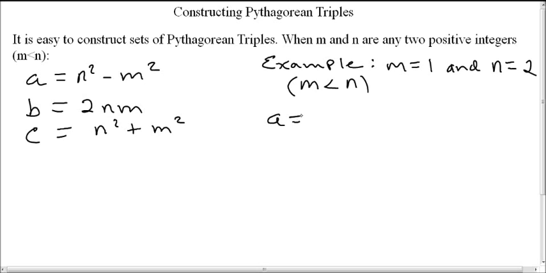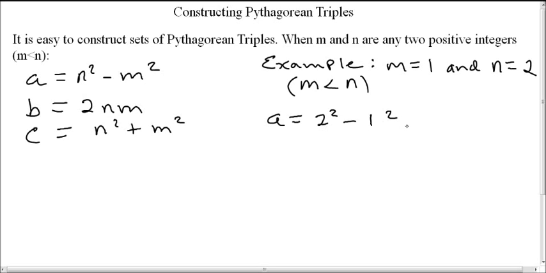So a will equal n squared, which is 2 squared, minus m squared. Let's go ahead and just substitute while we're here so we don't run out of room. So this will be 2 squared minus 1 squared.